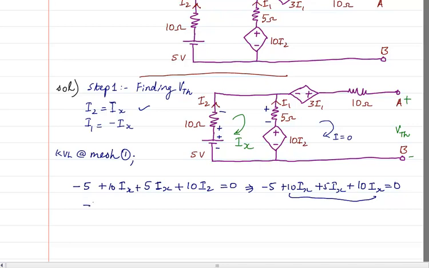So it is going to be minus 5 plus 25 Ix is equal to 0. Therefore, I will get Ix is equal to 5 divided by 25, which comes out to be 0.2 amperes. So that is what is going to be my Ix.